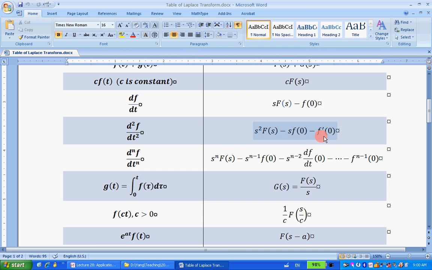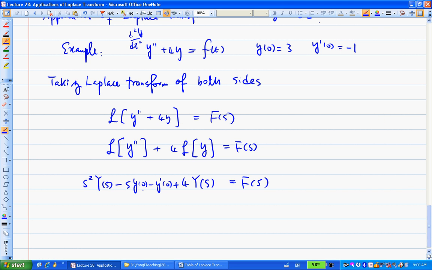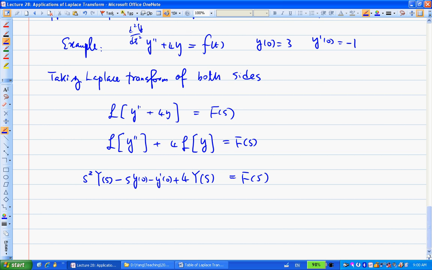Right? So that's the property. Don't forget the initial conditions, though. When we're solving it, we need to apply these initial conditions.